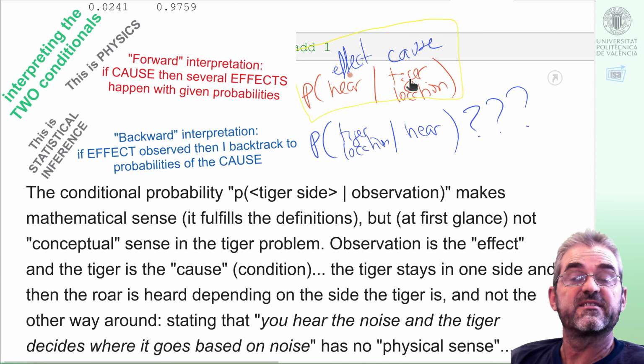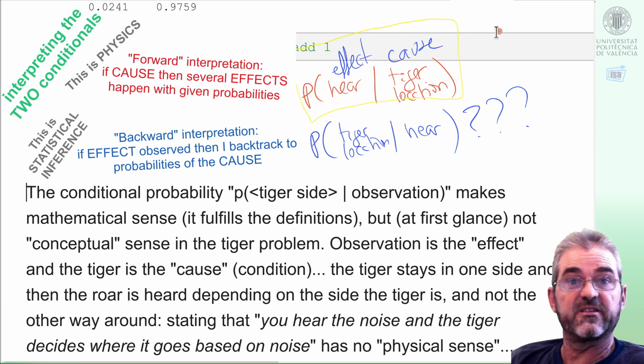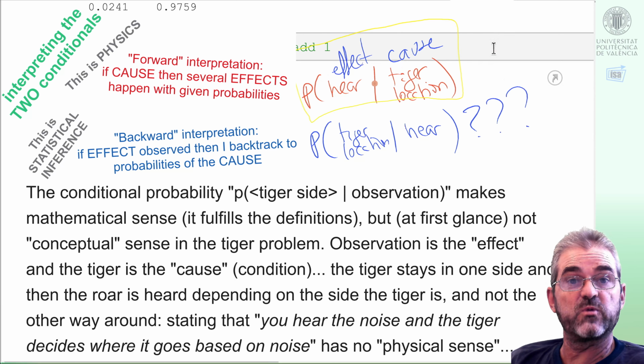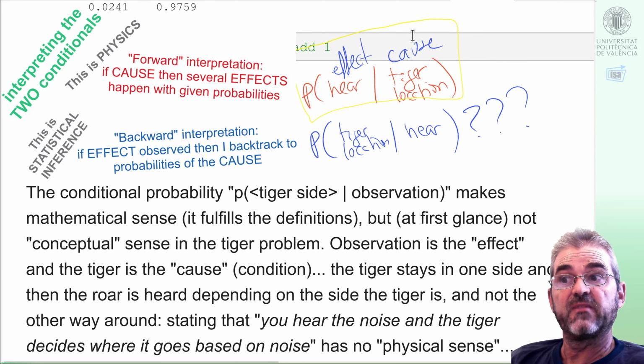But for the physical modeling of my problem, the easiest way to go was this conditional probability and the probability of tiger left or right in order to build a joint. But once I build a joint, I can of course reconstruct this one, not too useful because I started with it anyway, and reconstruct the second marginal and second conditional, which indeed will be the core of what is called Bayesian inference and Bayes' theorem or Bayes' formula.